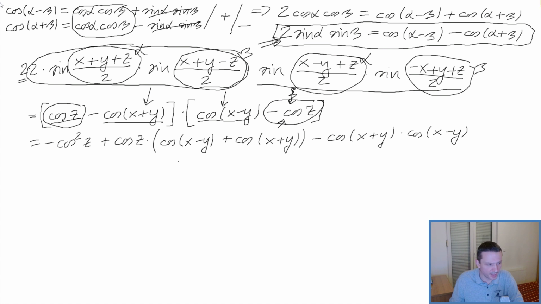Okay, now let me change a color at this point. We will now try to sum this, and here we will actually sum two cosines, and we can now use the first formula on the right here above.